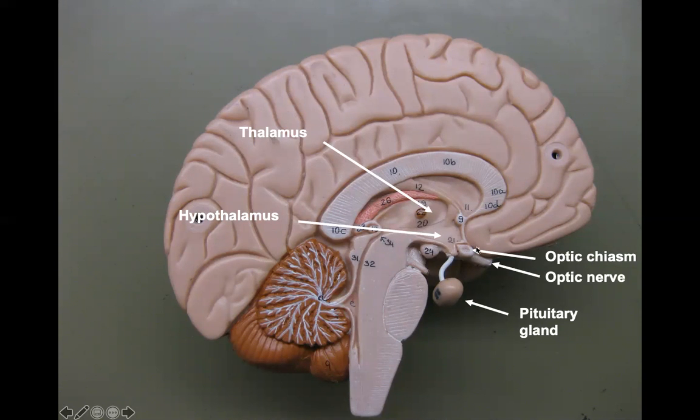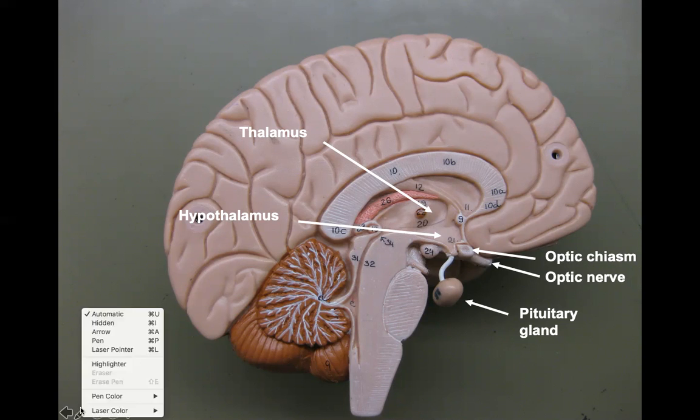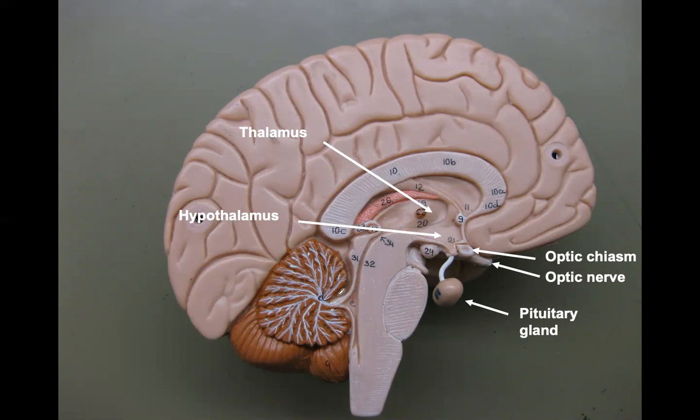Now, within proximity of your hypothalamus, you have your optic nerve. The optic nerve is a cranial nerve that originates from your eye, and right underneath the hypothalamus is where the optic nerves actually crisscross. Remember the whole concept of contralateral? So this is what happens.